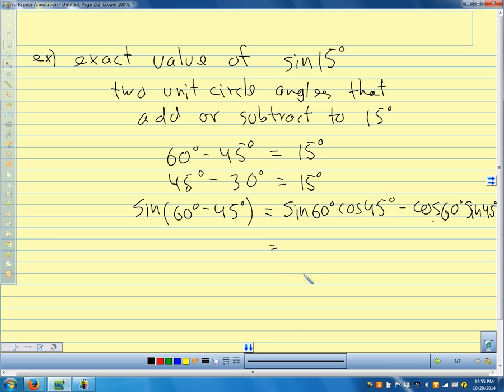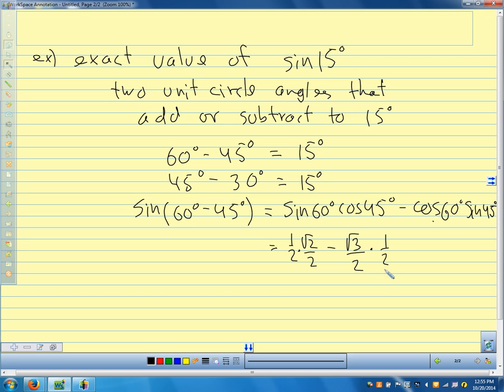So the sine of 60 degrees is 1/2. Cosine of 45 is square root of 2 over 2. Minus the cosine of 60 is square root of 3 over 2.